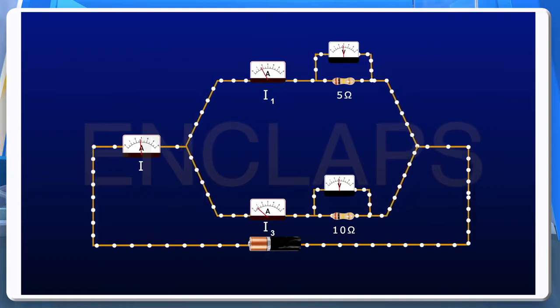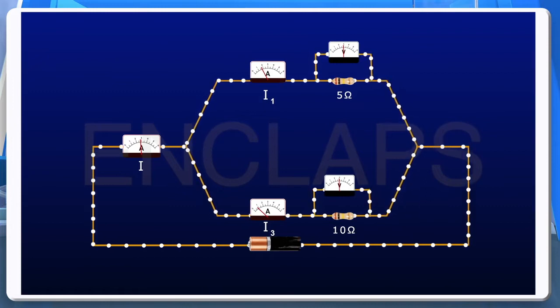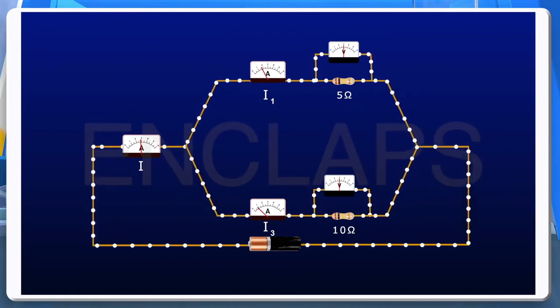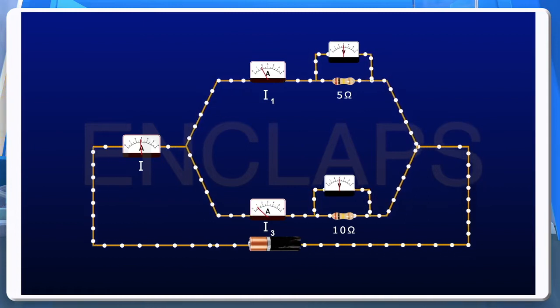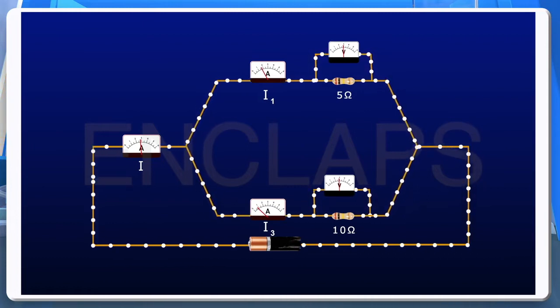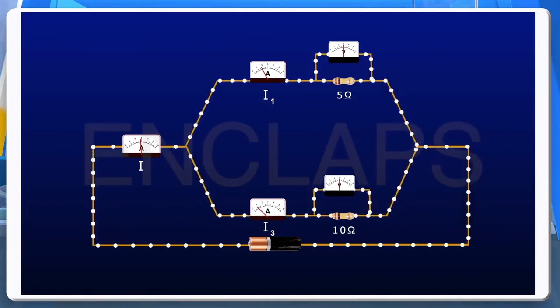That is, the current in the circuit is 2.7 ampere. When one more resistor was connected in parallel to the first resistor, then the effective resistance decreased. That is why the current increased.